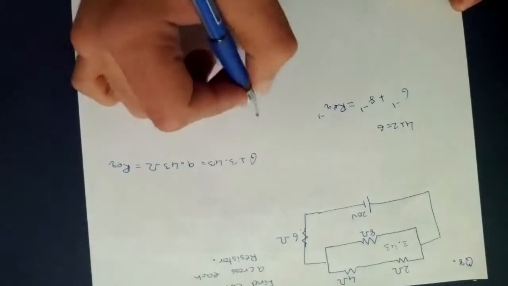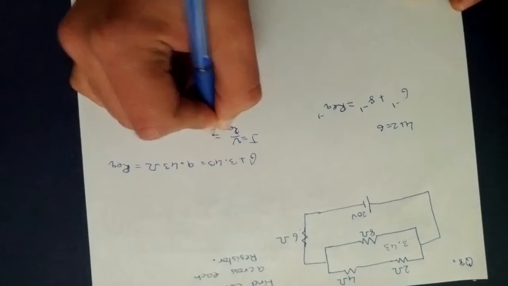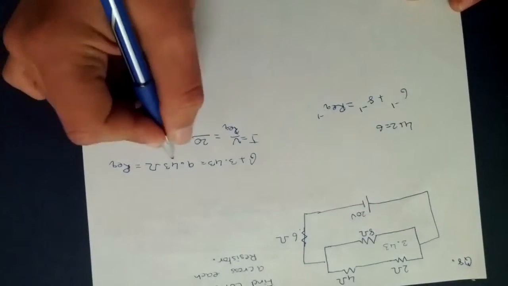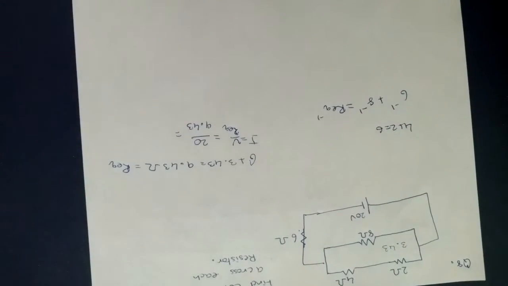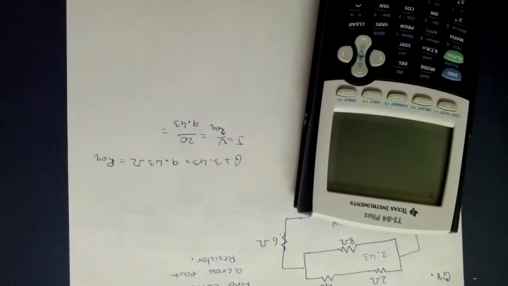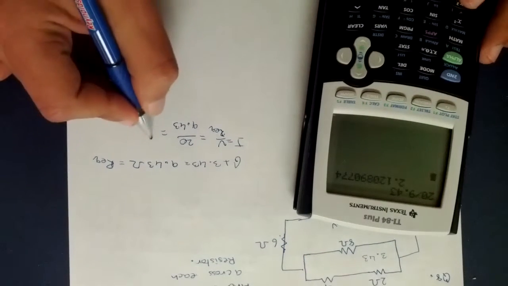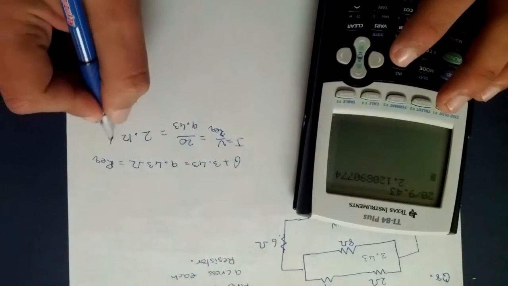Using that, we're going to find the total current. I equals V over Req equals voltage 20 over Req 9.43. Using a calculator, 20 divided by 9.43, we get 2.12, and that would be amps.